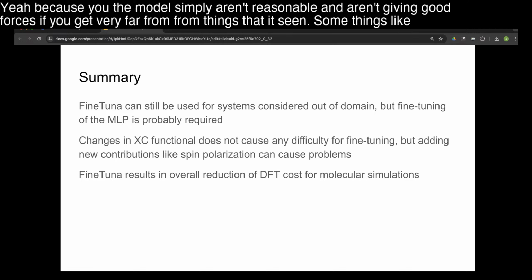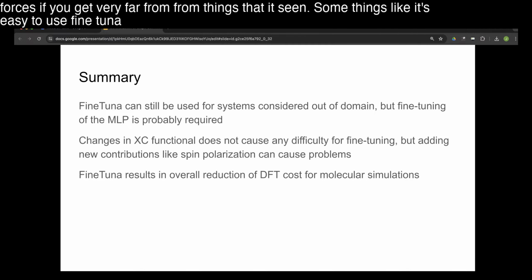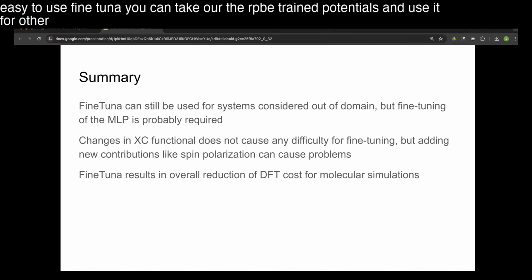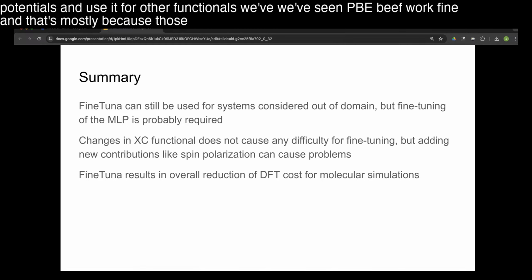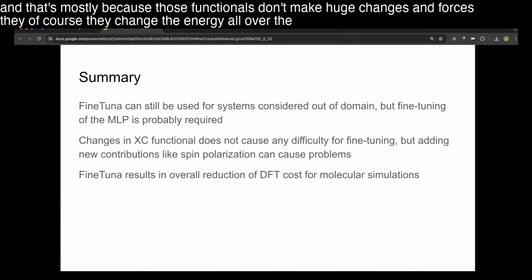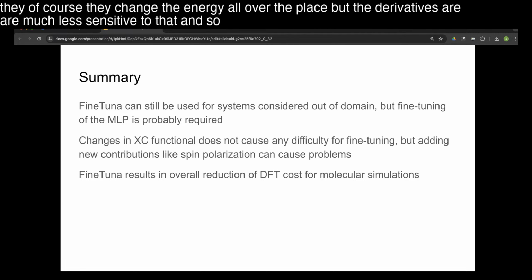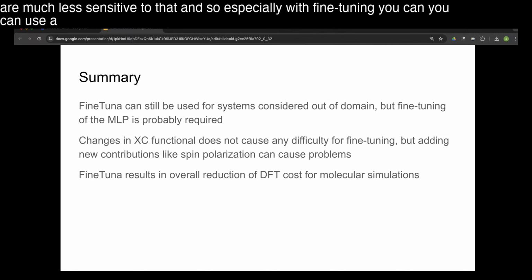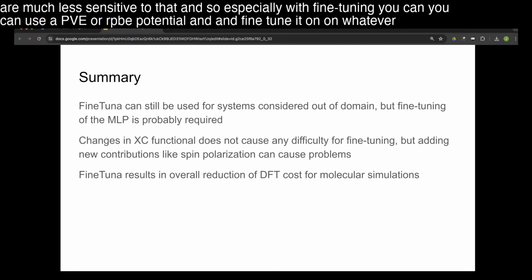Some things like, it's easy to use fine-tuner. You can take the RPBE trained potentials and use them for other functionals. We've seen PBE, BEEF work fine, and that's mostly because those functionals don't make huge changes in forces. They of course change the energy all over the place, but the derivatives are much less sensitive to that, and so especially with fine-tuning, you can use a PBE or RPBE potential and fine-tune it on whatever expensive DFT data you want.